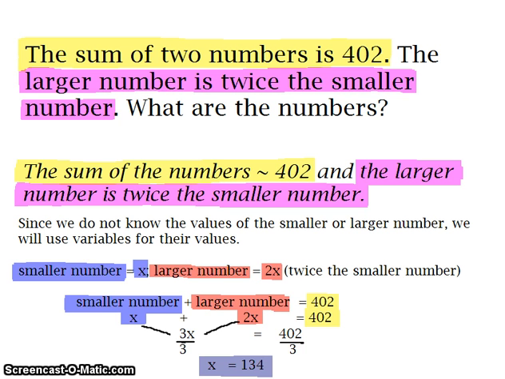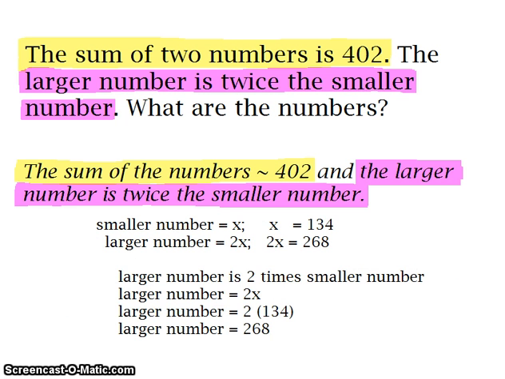Since we are trying to find the value of x, we divide each side of the equation by 3. 3 divided by 3 is 1, so we just have x on the left-hand side. And 402 divided by 3 is 134. So again, our x is equal to 134.